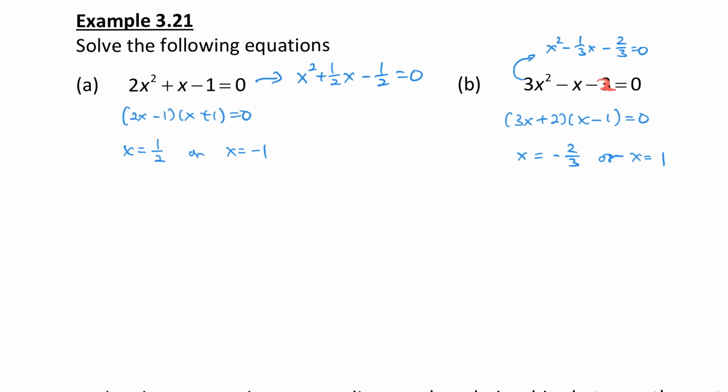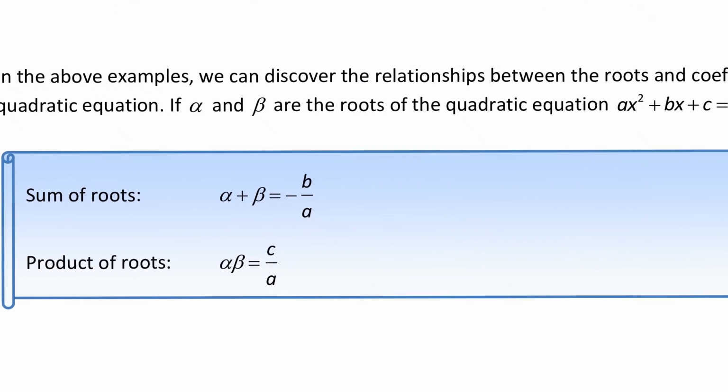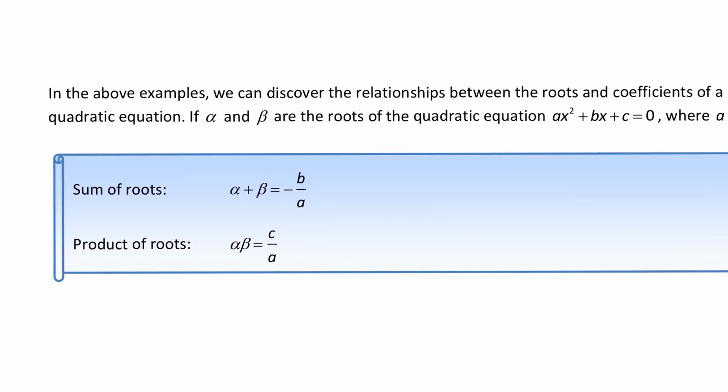So this is the summary. What I want to emphasize: if we have a quadratic equation ax squared plus bx plus c is equal to 0, and alpha and beta are the roots of this quadratic equation, what is the relationship between alpha and beta and the coefficients? Step 1, you need to change to this form, where the coefficient of x squared must be equal to 1.